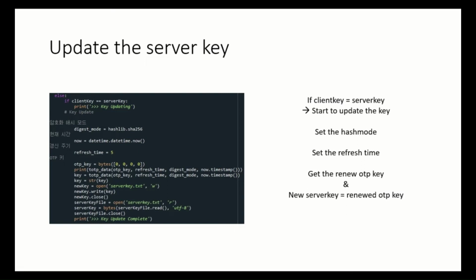So the server writes the new key to the serverkey.txt file. Then the key update on the server is finished. And the server sends this new key to the client.